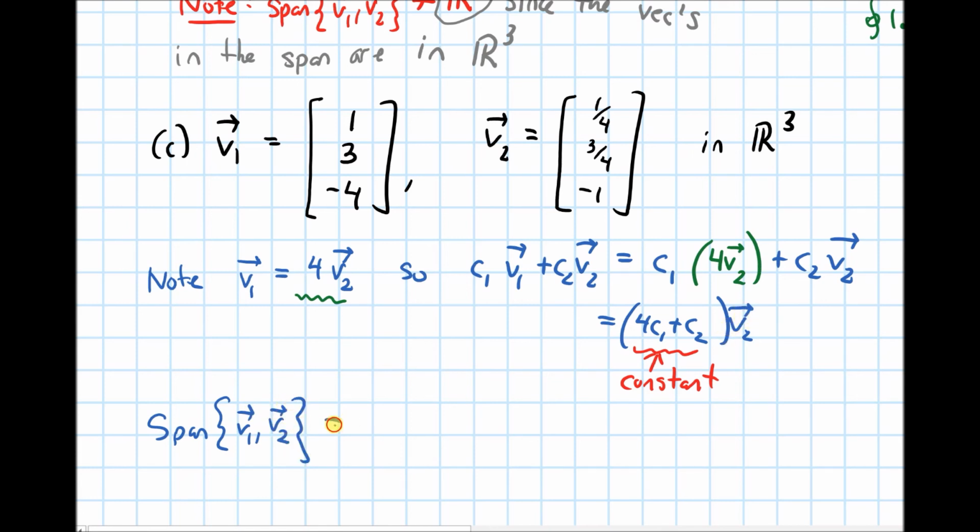So in this example, our span is actually the same thing as the span of v2, because we ended up reducing our linear combination to being a multiple of just v2 alone. And we know that the span of one vector, as long as that vector isn't a zero vector, is a line, like we saw in part A. It's a line through the origin.